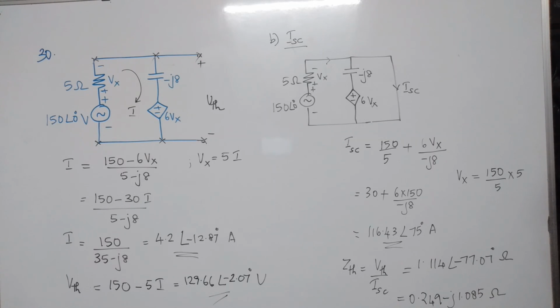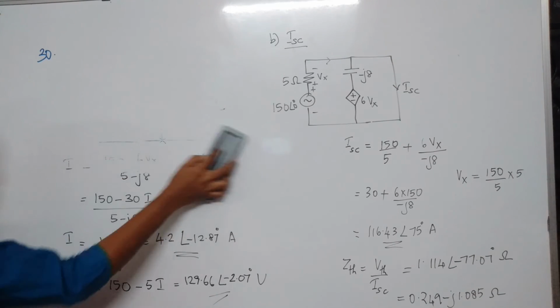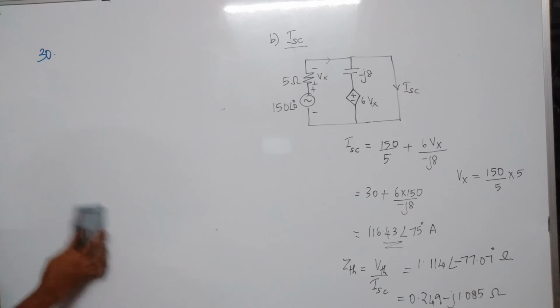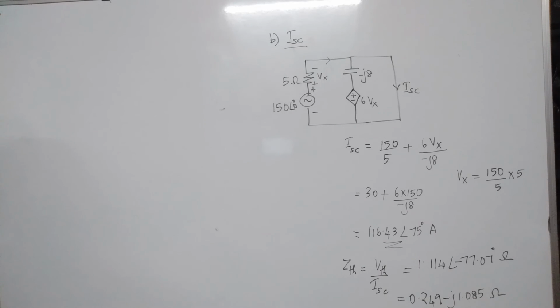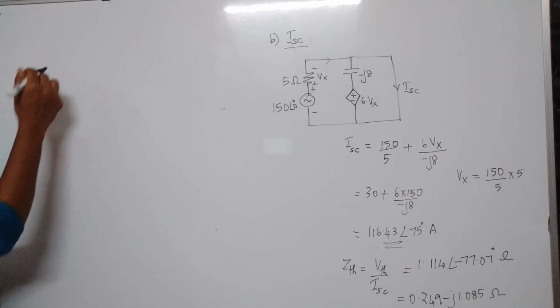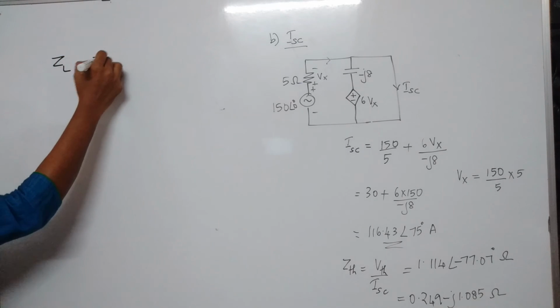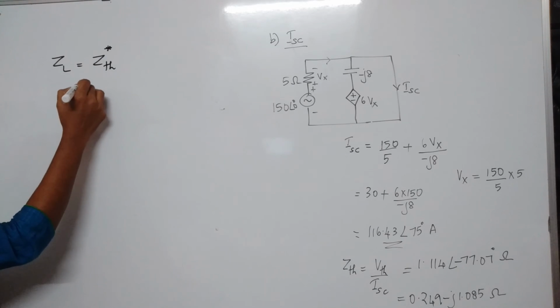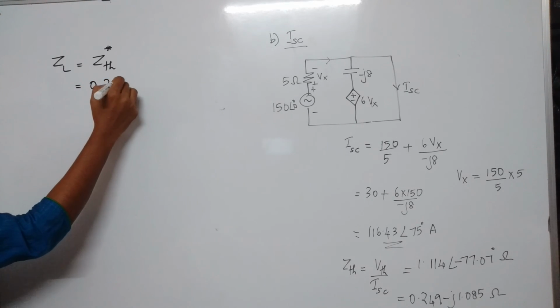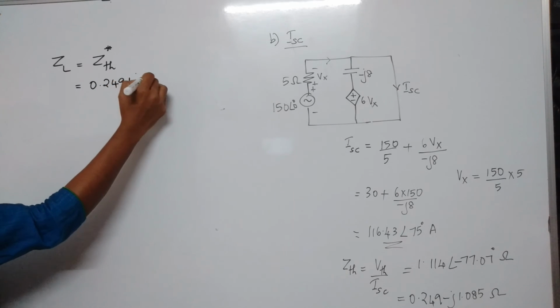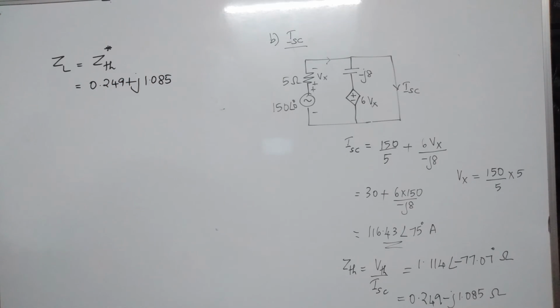The Thevenin equivalent is also impedance and the load is also impedance. So what will be ZL? ZL will be the conjugate. So we can write ZL equal to ZTH conjugate, which is 0.249 plus J1.085 ohm.